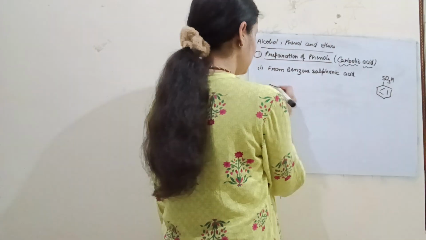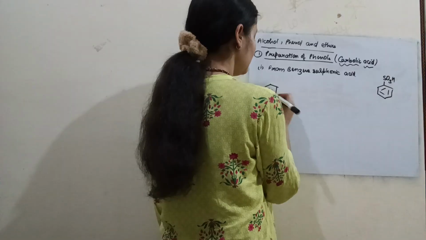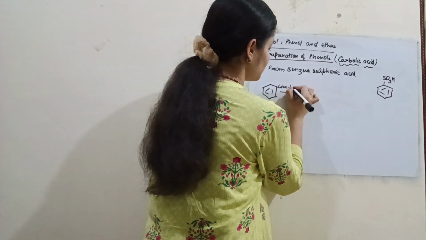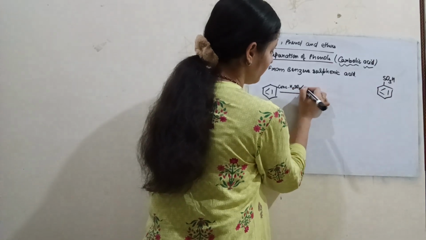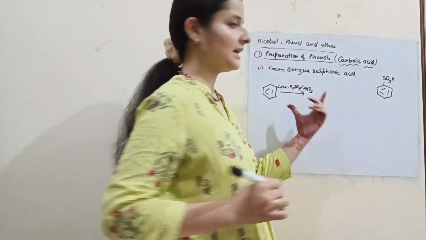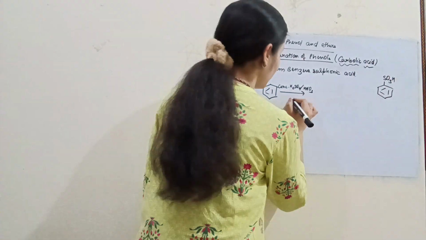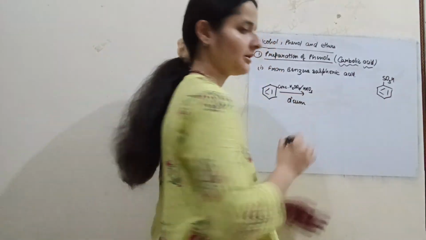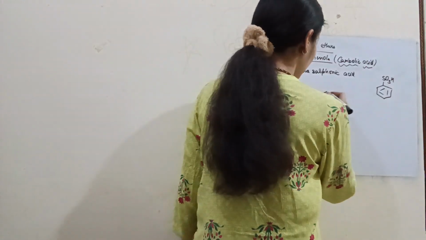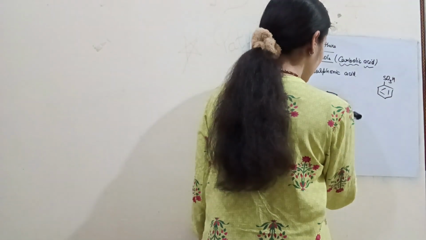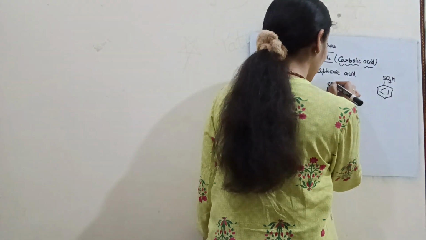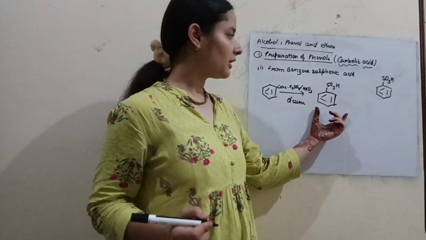So we have benzene ring and it will undergo sulfonation in the presence of concentrated H2SO4 and nitric acid, or you can also take oleum over here for sulfonation. After sulfonation you will get SO3H group added over here.